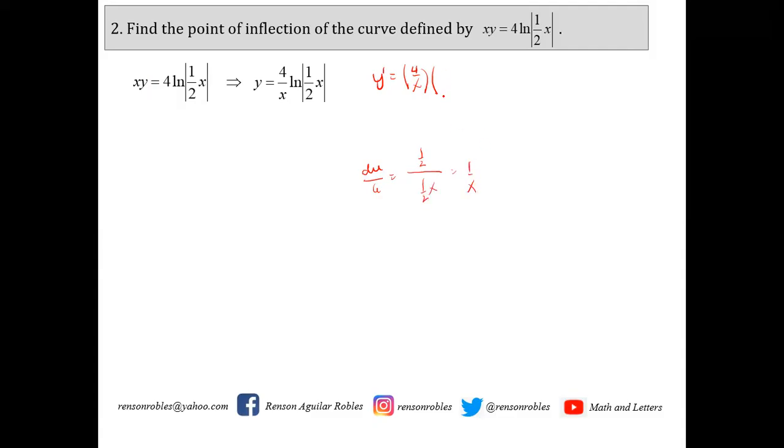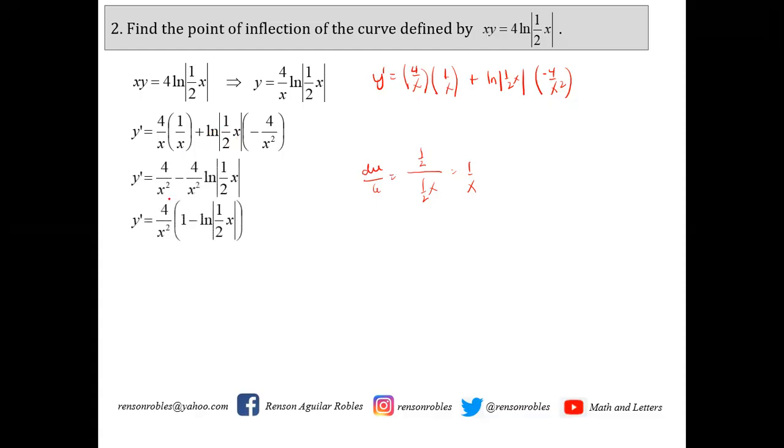So we have 1 over x plus ln 1 half x times the derivative of 4 over x, which is negative 4 over x squared. Yeah, and then we shall have this, okay? That's 4 over x times 1 over x plus ln 1 half x times negative 4 over x squared.